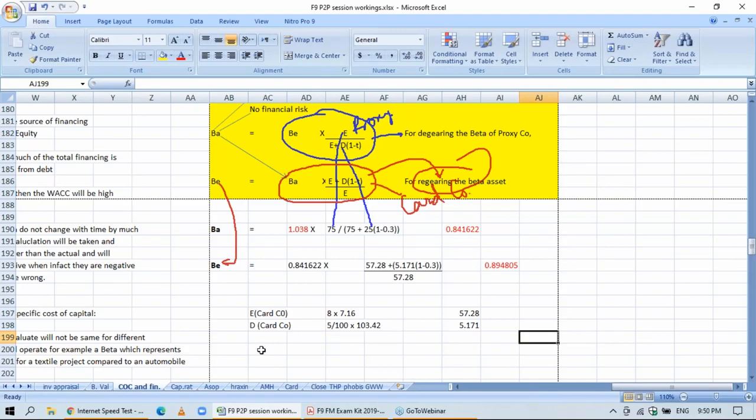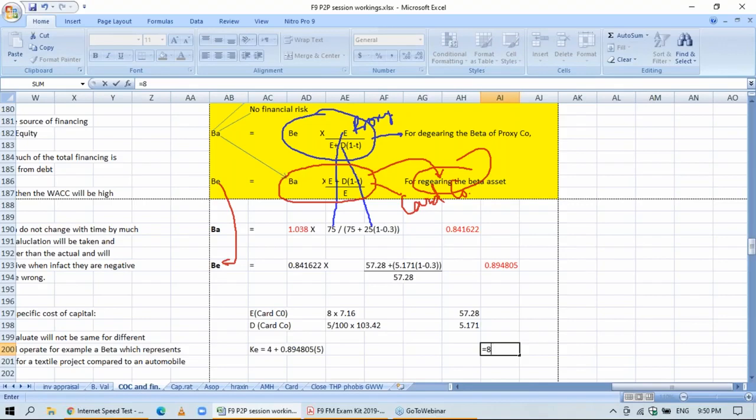Now calculate the cost of equity. We have got the beta. So calculating the cost of equity, the risk-free rate is 4% plus the beta, which is 0.894805, multiplied by the risk premium, which is 5%. This gives you the cost of equity, which is 8.474.